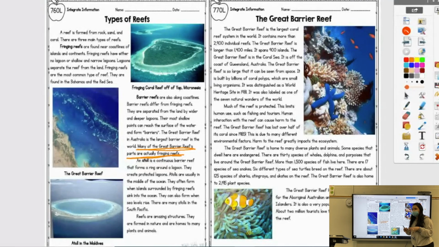So its parts are fringing reefs, and it says, the Great Barrier Reef is the largest coral reef system in the world. It contains more than 2,900 individual reefs, and those reefs can have fringing reefs. Let's write that now.